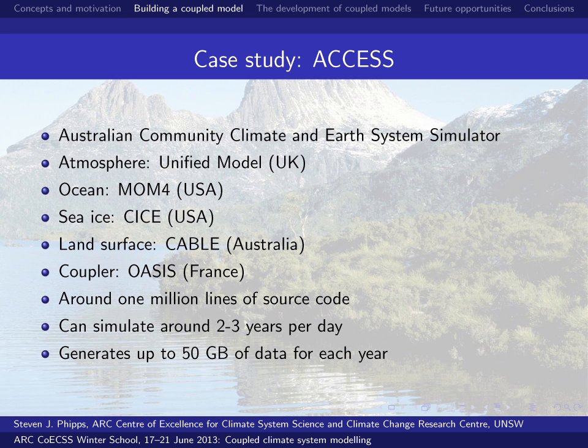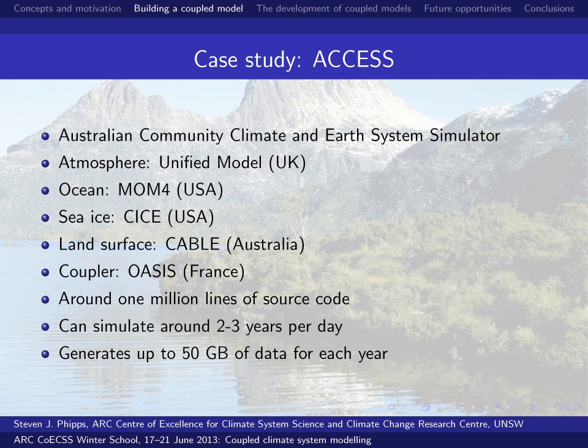So the basic physical core of ACCESS consists of an atmosphere model from the UK, an ocean model from the US, a sea ice model also from the US, and the one homegrown thing is the CABLE land surface model, which I'm sure you've heard about, from Australia.